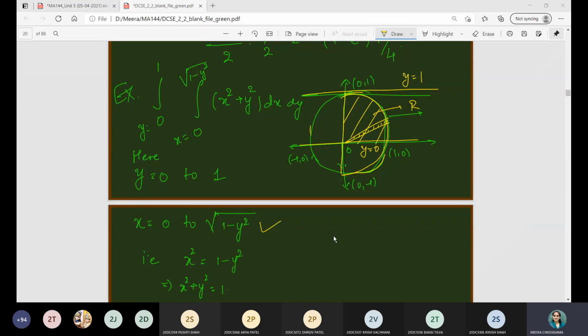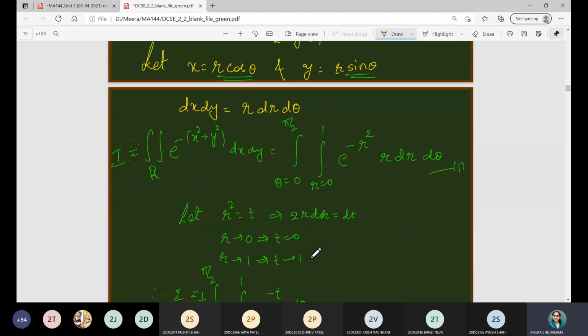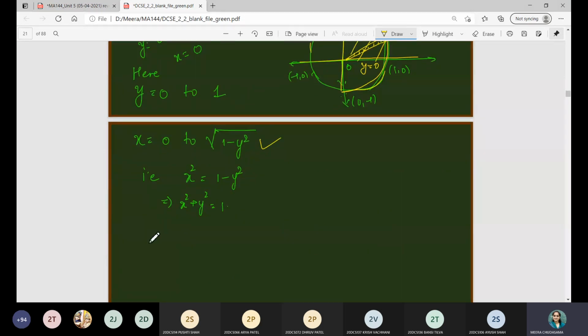Okay, so now we can solve it easily, right? You can write from the figure.